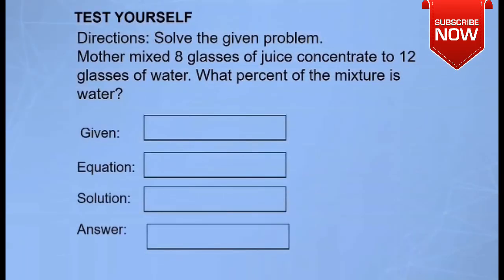Test yourself. Directions. Solve the given problem.